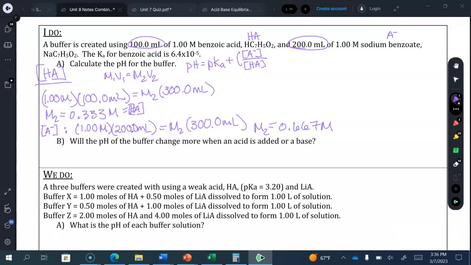So now we know the concentrations of our conjugate base and acid pair for this system, so we can plug it into our Henderson-Hasselbalch equation, remembering that Ka is given.